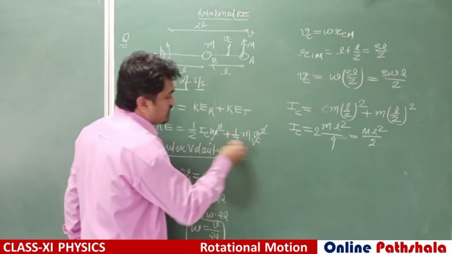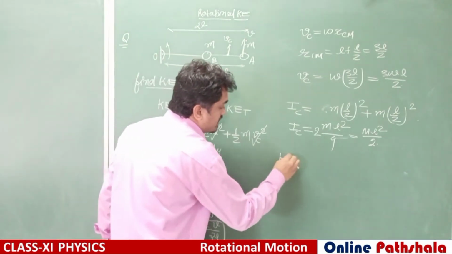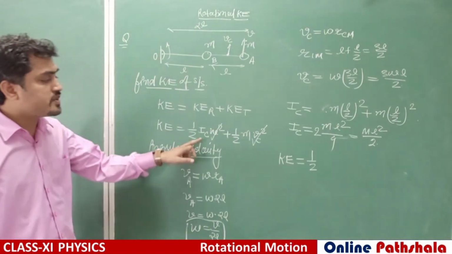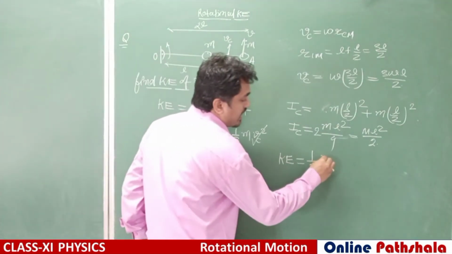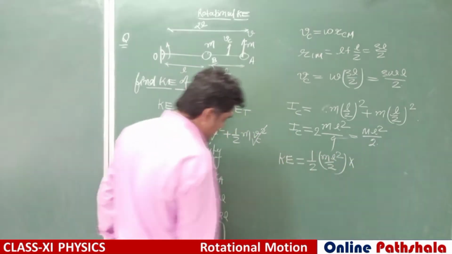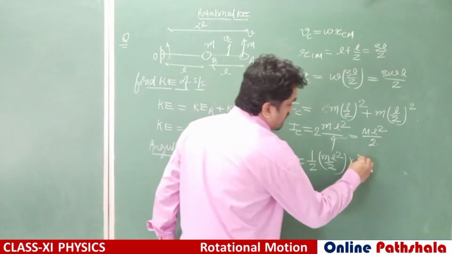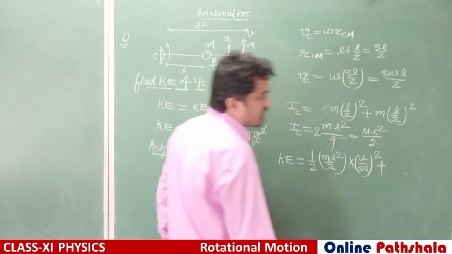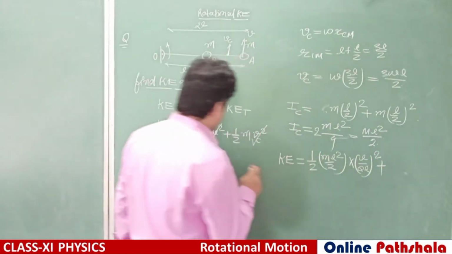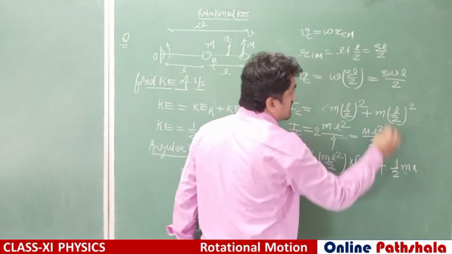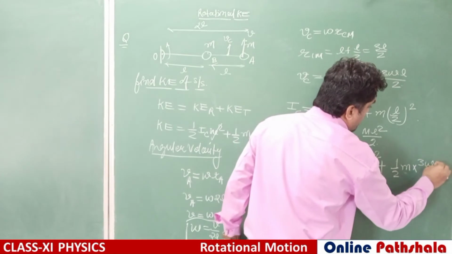Now we have to put the values of all these parameters in our kinetic energy. 1 by 2 Ic, which is mL square by 2, into omega, which is V by 2L, whole square, plus 1 by 2 m Vc square. What is Vc? Vc is equal to 3 by 2 L into omega.